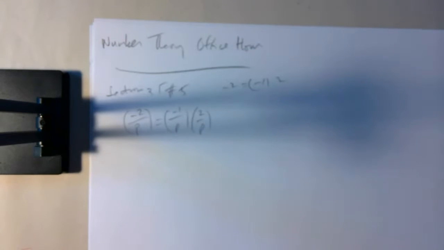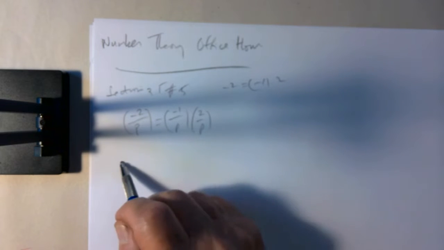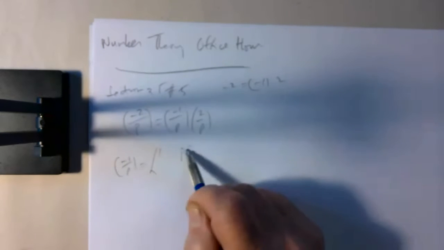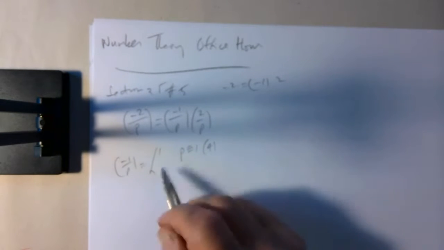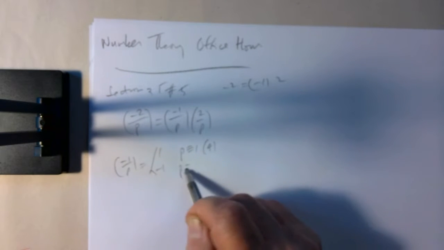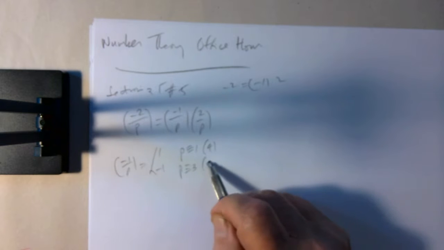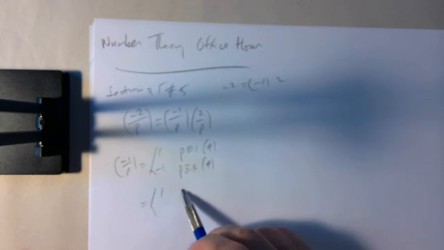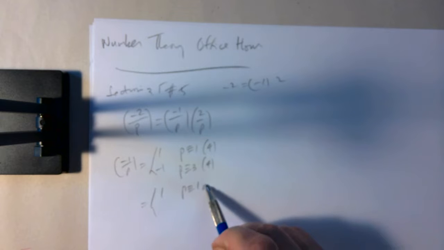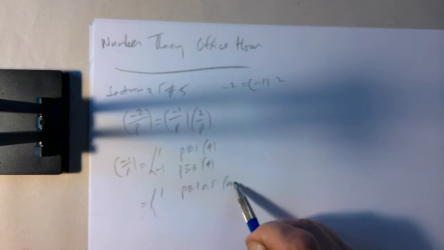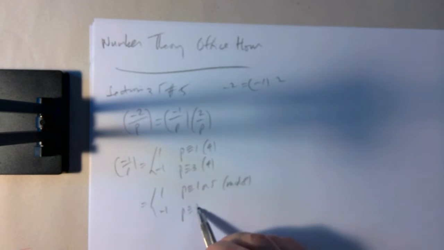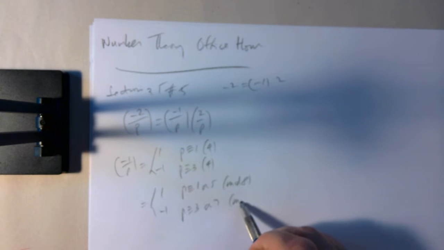The Legendre symbol tells you whether or not something is a quadratic residue. So (-1 over p) is 1 if p is congruent to 1 mod 4, and -1 if p is congruent to 3 mod 4, which is the same as saying 1 if p is congruent to 1 or 5 mod 8, and -1 if p is congruent to 3 or 7 mod 8.